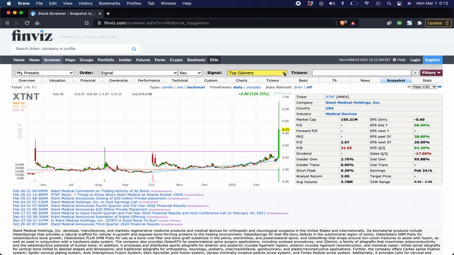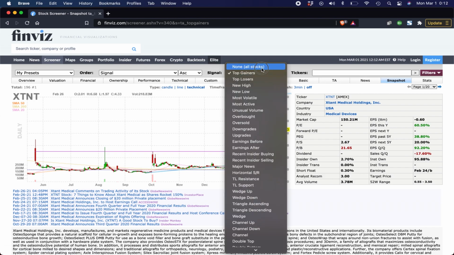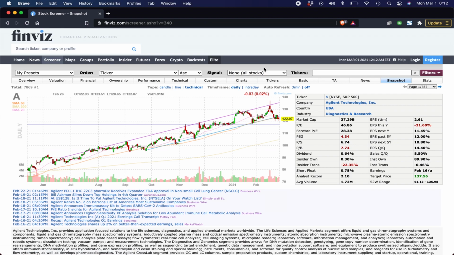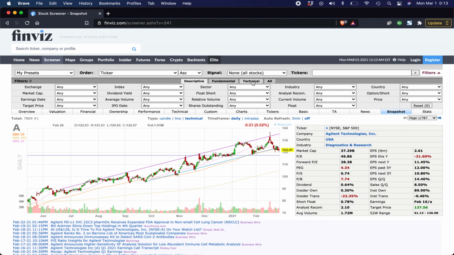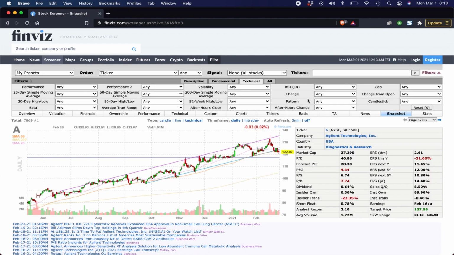Now I have top gainers. Let's take off everything, and I'm going to click filters here, and I'm going to look at technicals, right? Once I click technicals, the signal I have is none, and I'm going to be looking for those candlestick patterns.